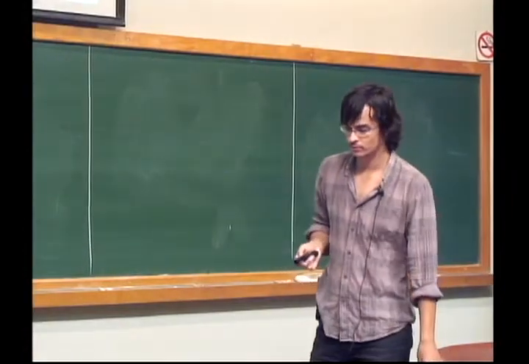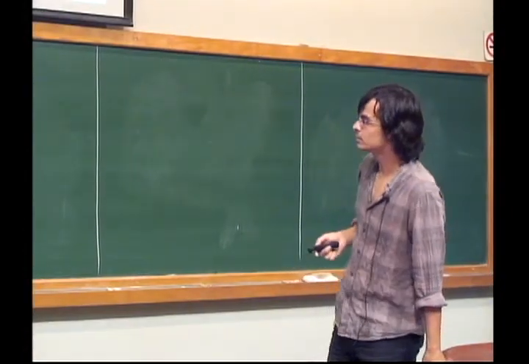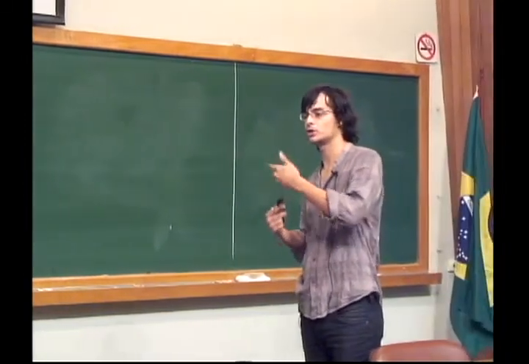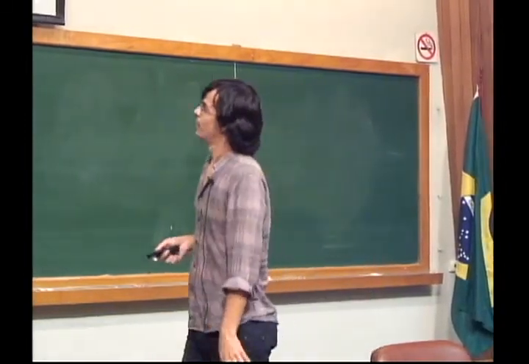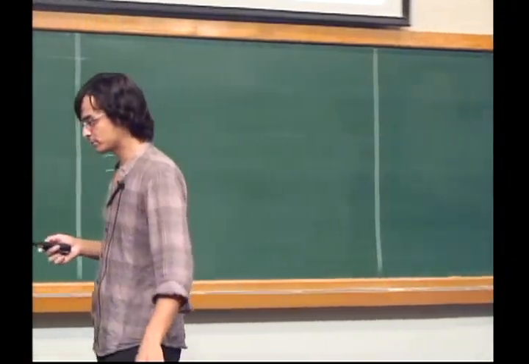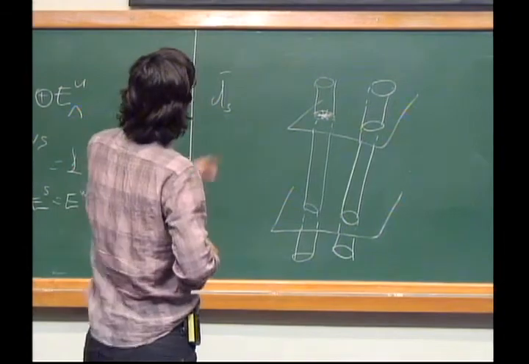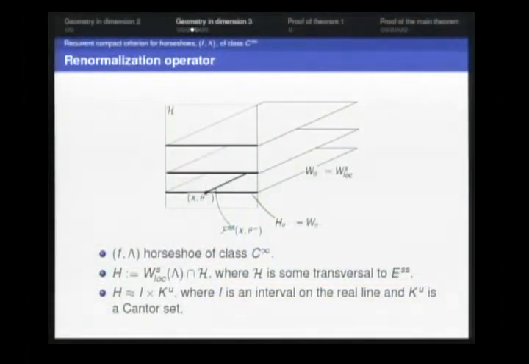And the renormalization operator will enable us to localize points of the horseshoe. And the definition is the following. You take a point in the wall.